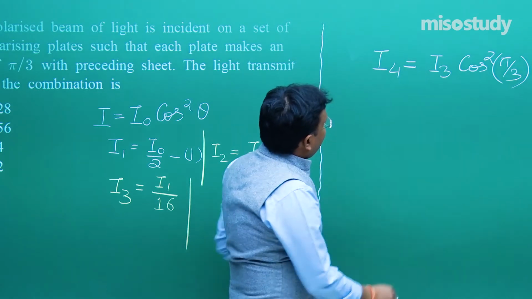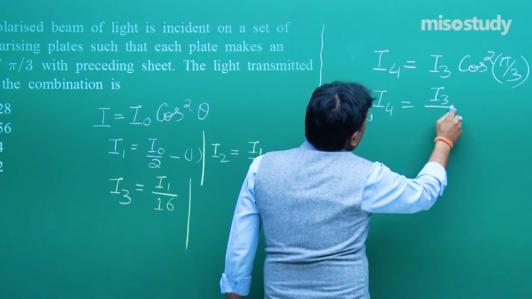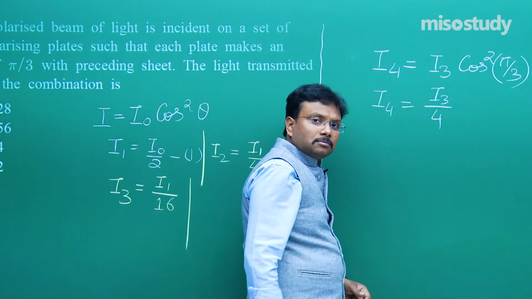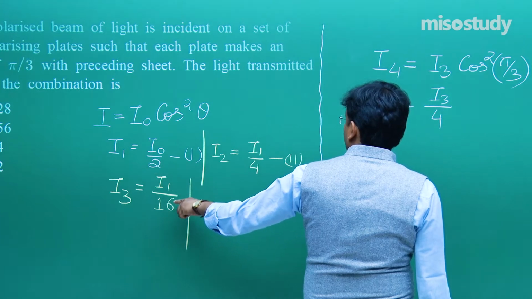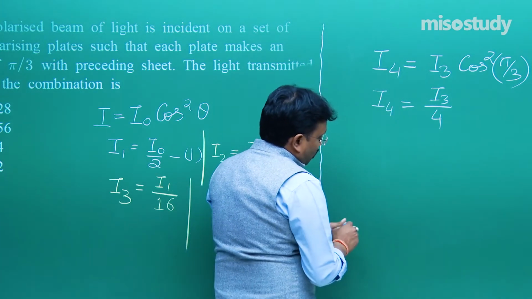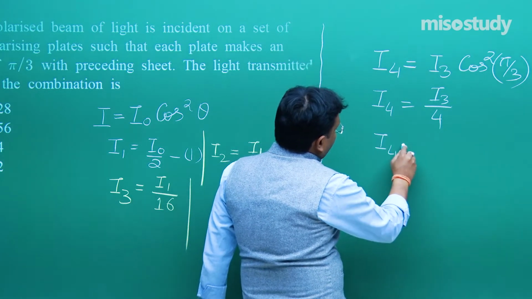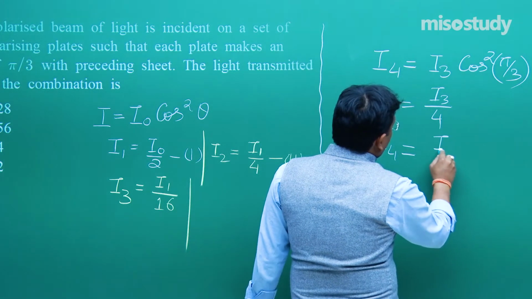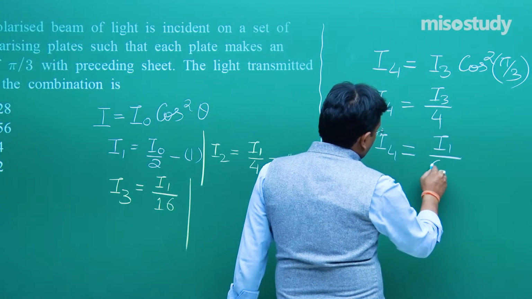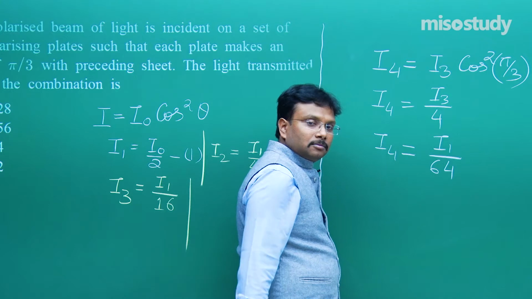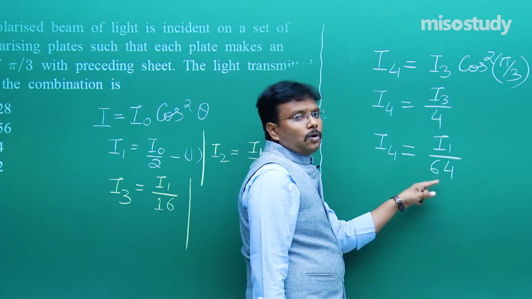You will get I4 is equal to I3 by 4. But I3 is equal to I1 by 16. So what you will get is I4 is equal to I1 by 16 multiplied by 4, that is 64. So I4 is equal to I1 by 64.